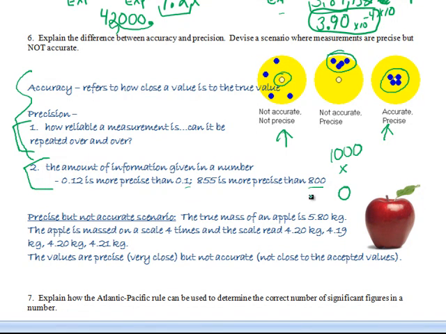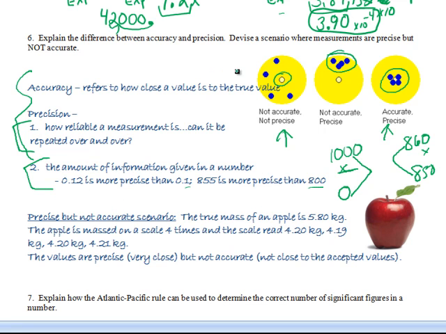We're guessing it's about there at the 800 mark. 855 is saying it's somewhere between 850 and 860. We're guessing it's about halfway in between the 850 and the 860. So this range is a lot smaller, and we know a lot more information and have a lot more confidence than with this big range. We're just guessing it's about 800, but over here we can narrow down that range more.